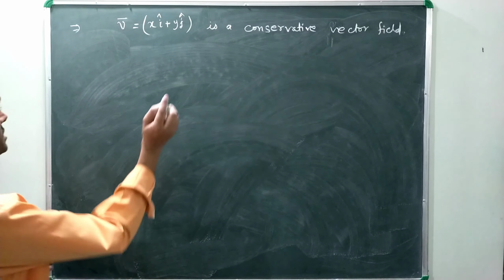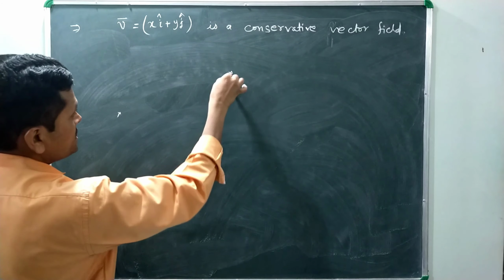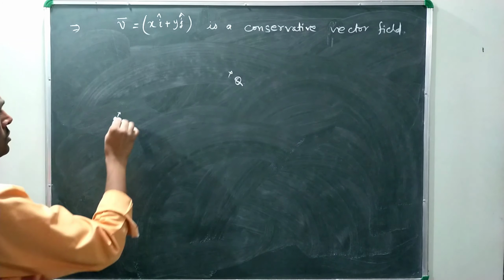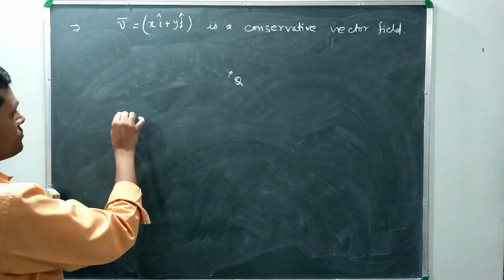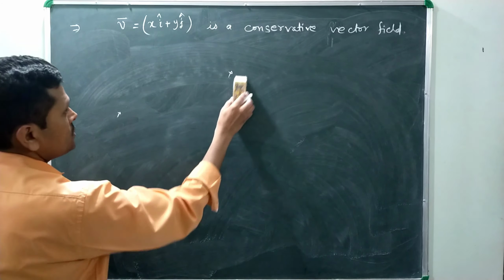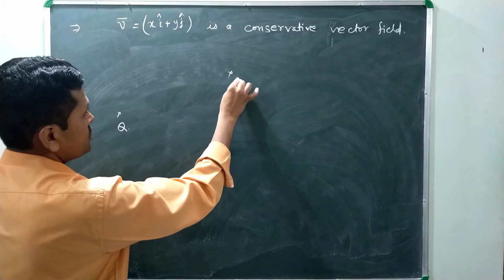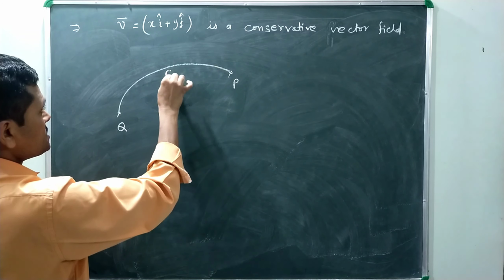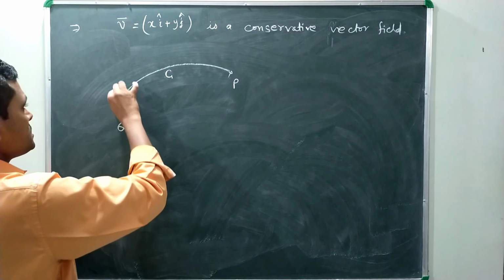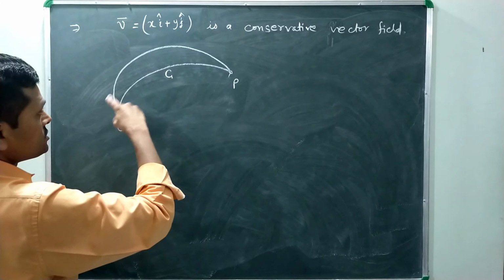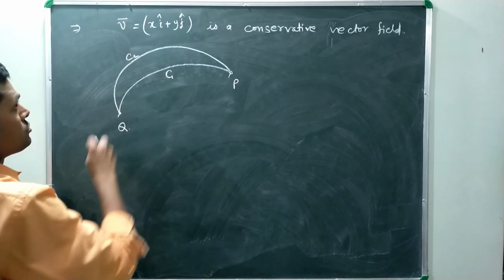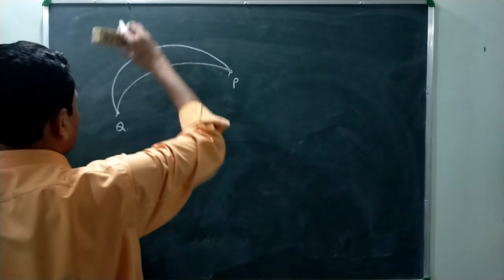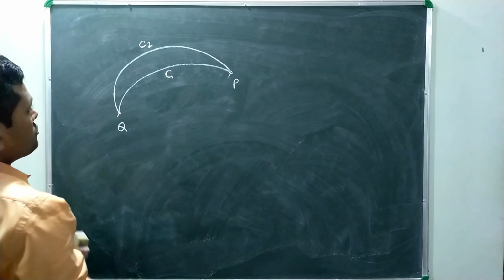For this, let us assume that we have 2 points in a space. This is point P and this is point Q. Now, if we connect these two by this curve, say this is curve C1, say there is another curve which connects these 2 points, and say this curve is C2.